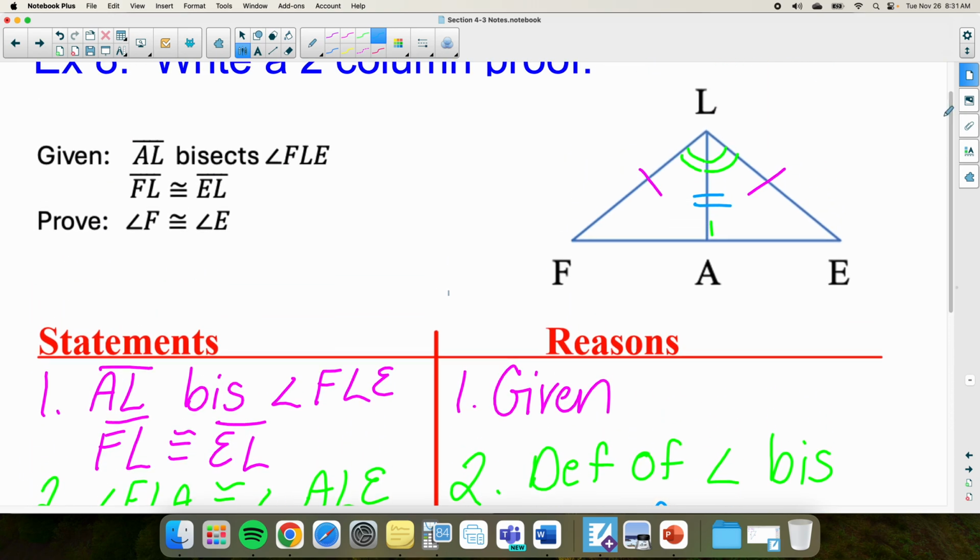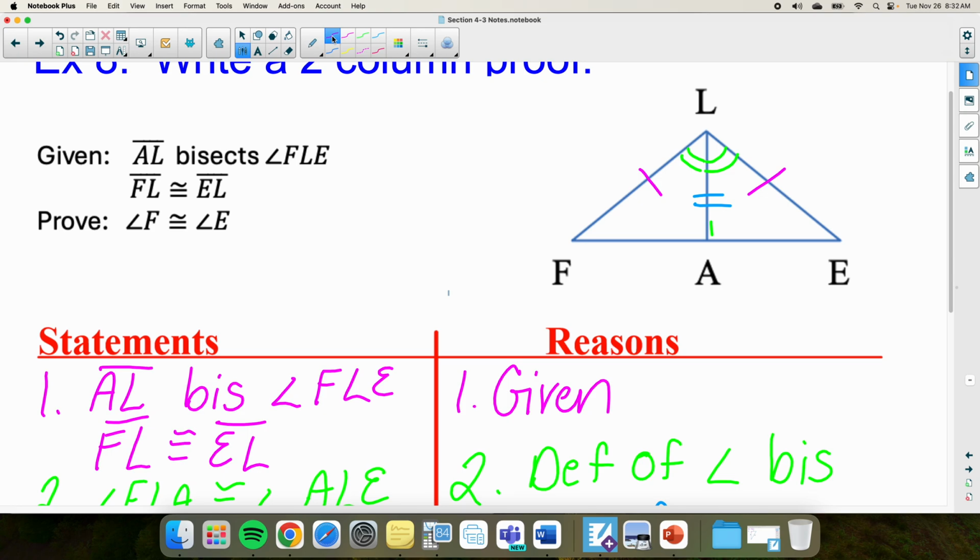Now this is what makes this one a little bit harder. In the proofs we've done so far, they told us what two triangles are congruent, and here they're not, okay? So what you have to do is write that congruent triangle statement by yourself. So here's what I do, okay? When I go to write this, in this one I have a side with 1 dash and a side with 2 and a side with nothing.